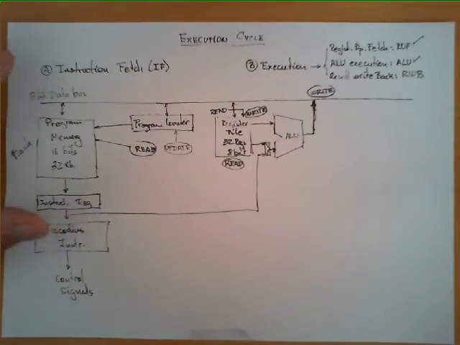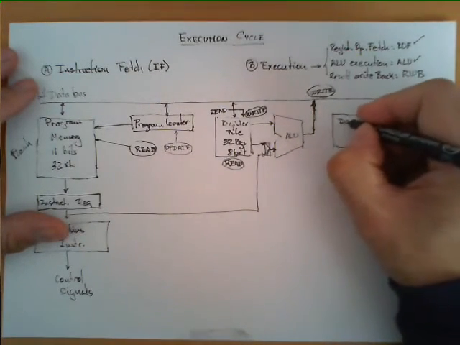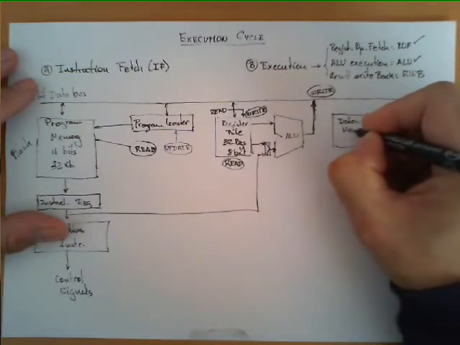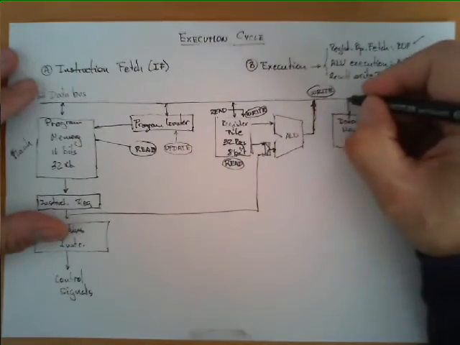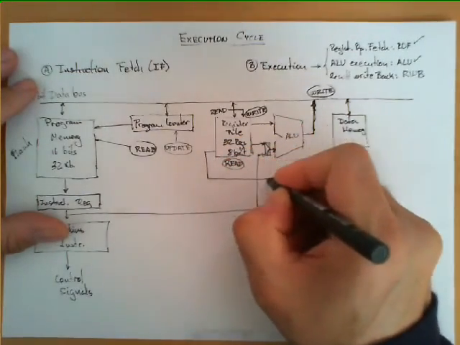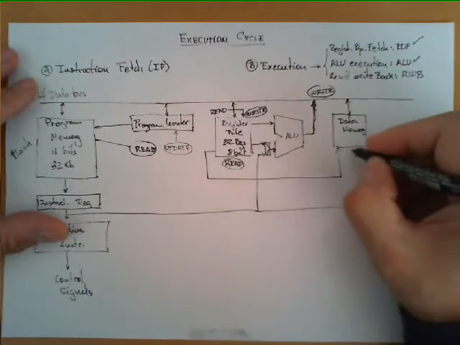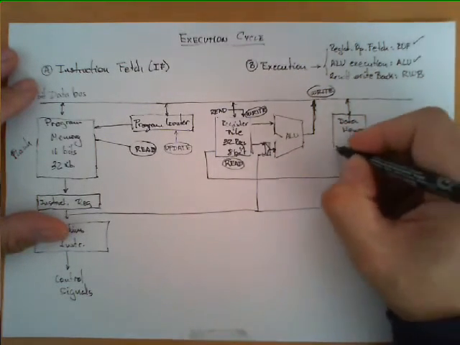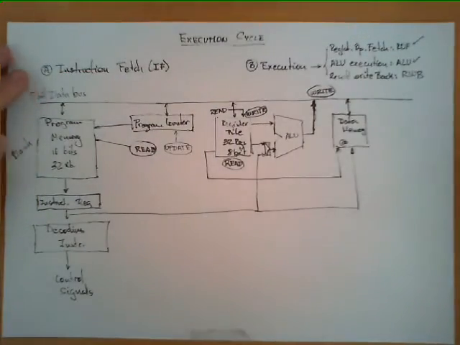Now, some of the instructions use the register file, some of the instructions access the data memory. This data memory is also connected to the bus, and it may receive the addresses from two sources, either the register file or directly from the instruction. So remember, this is the address of the operation.